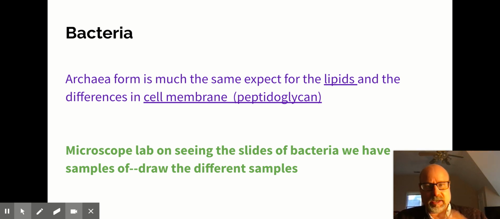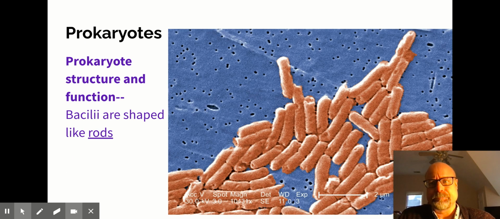But archaea, because they have these differences in their cell membrane and their cell wall, because they have these differences in some of the lipids within them, are not destroyed by these extreme environments. Instead, they live in them. They live in methane environments where there's not oxygen, there's just methane. So all of these things are characteristics of archaea, which are kind of like bacteria, but are more different than we thought they were.